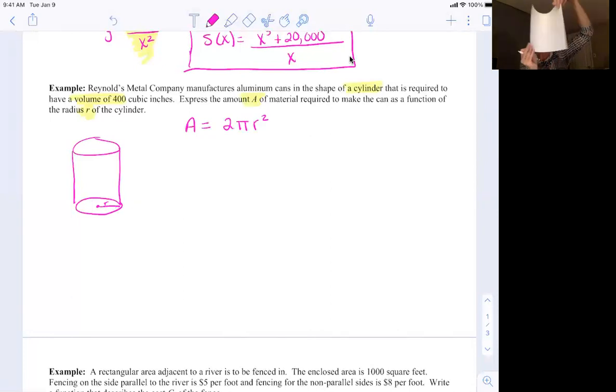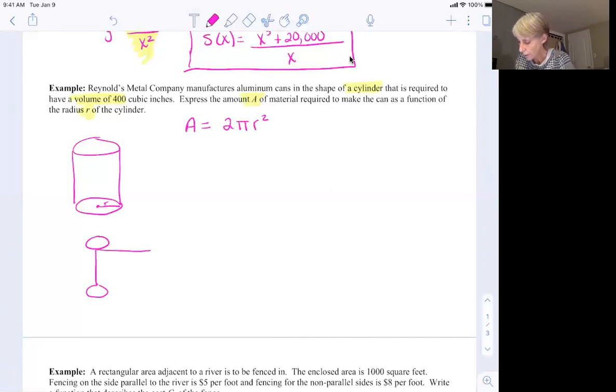If I unwrap this, you notice you have a rectangular piece of paper. Now the length of this is going to be the circumference of the circle, 2 pi r, and the height of this is going to be the height of the can.